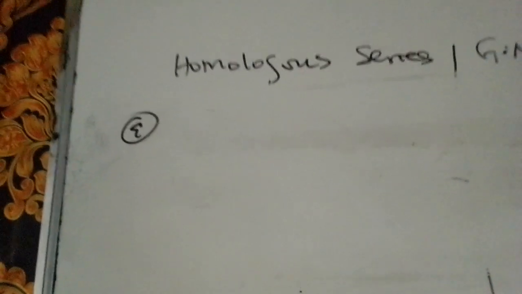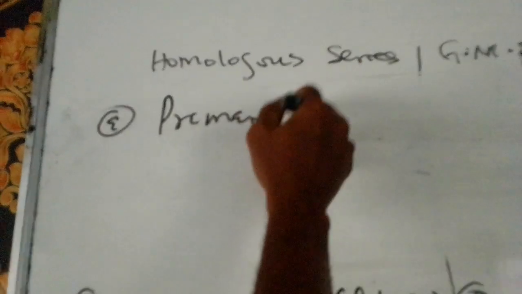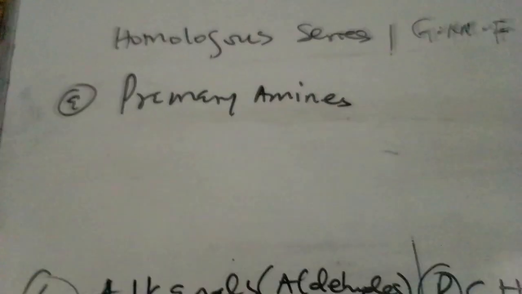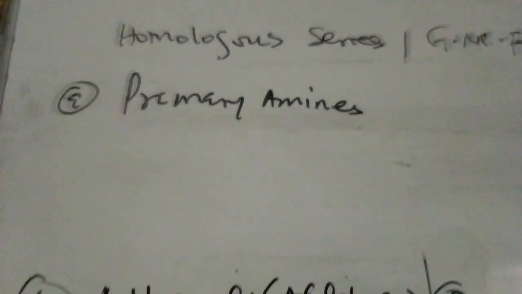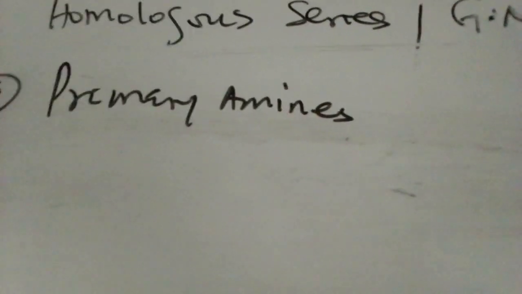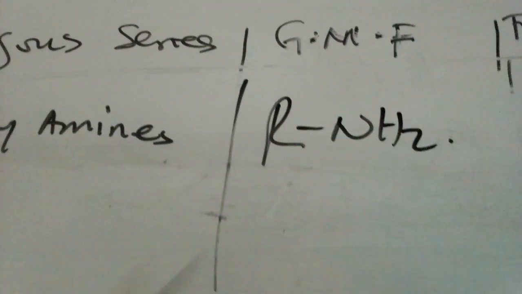Number 9 family is called the amines. But for now, we're looking at the primary amines. Although we have primary or 1 degree amine, we have secondary or 2 degree amine, we have tertiary amine. Primary amine, the general formula is RNH2, the amino group.